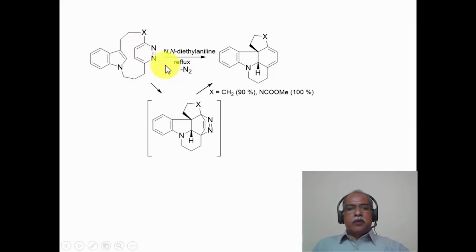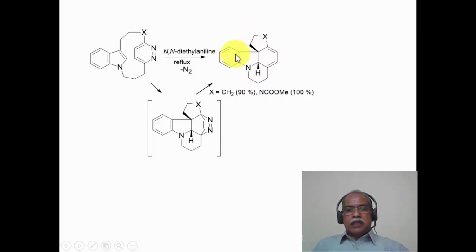Diels Alder reaction followed by loss of nitrogen as gaseous nitrogen is the overall reaction. The initial Diels Alder reaction is shown here, for example. You can see here this stereochemistry is cis because it is a cis stereochemistry to start with, and that results in the formation of this particular adduct.